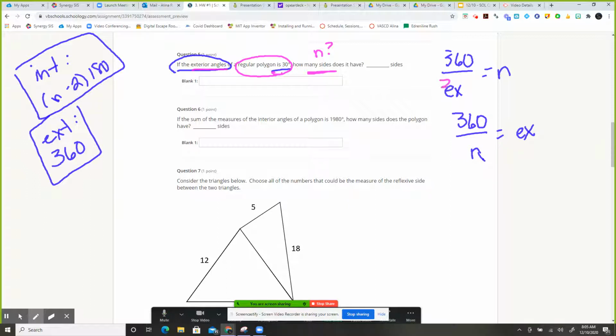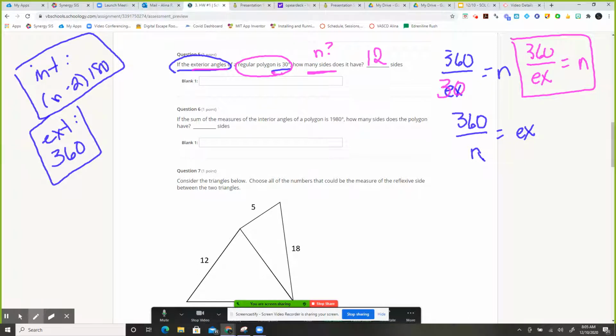So if I substitute 30 degrees in here, what's 360 divided by 30? That's my number of sides. So 360 divided by the exterior angle is going to give you the number of sides. Okay, something to file away on a sticky note in your head.